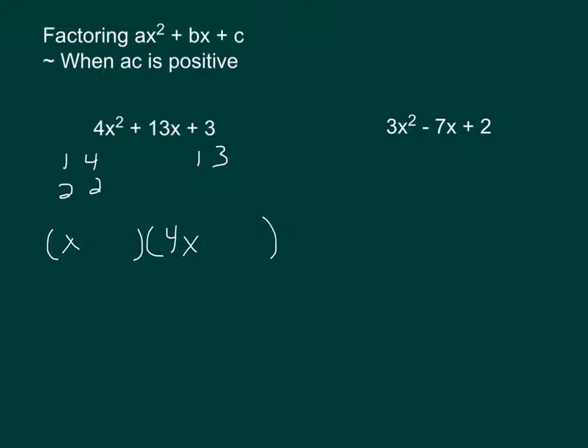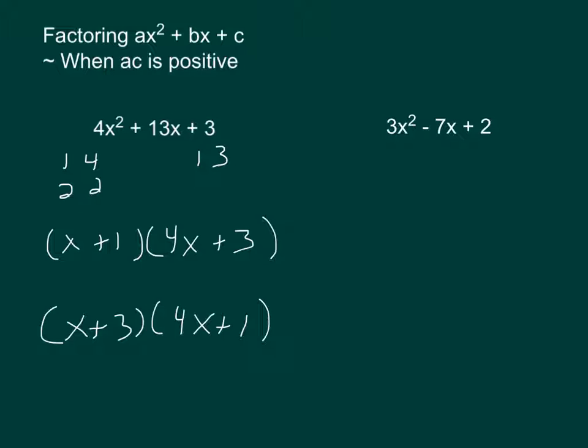So I'm going to put plus 1, plus 3. That's one option. Now at the same time, I could have a different option, which is x plus 3, 4x plus 1. Because those are two different problems. Still, I know that I'm going to end up getting my 4x squared and my 3, but I have to make sure that I have it set up in the correct order.